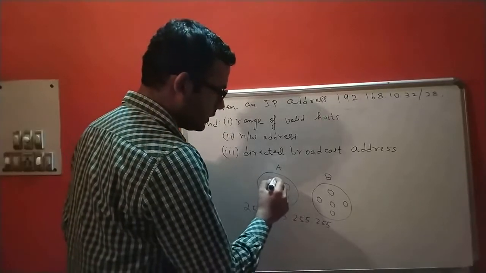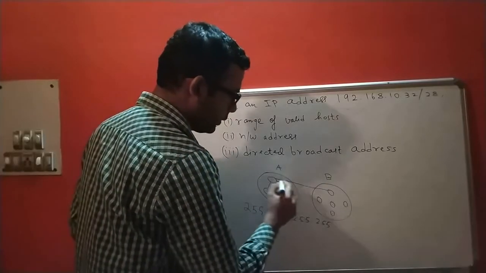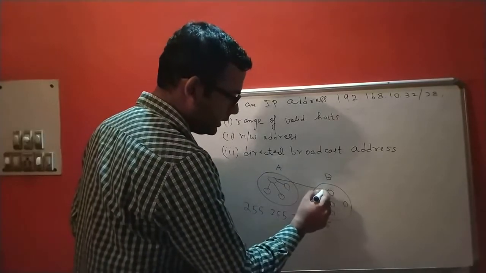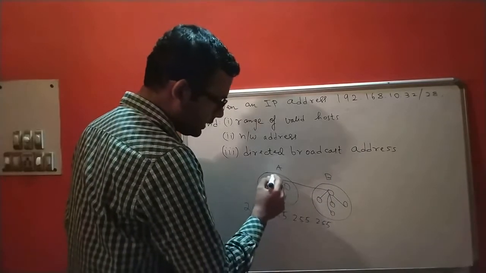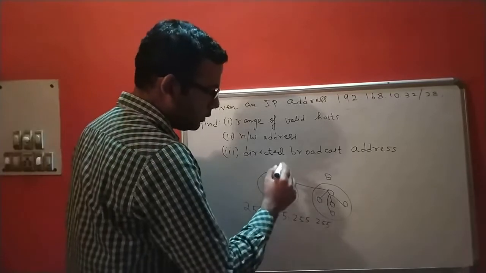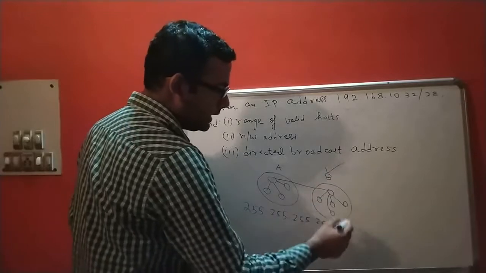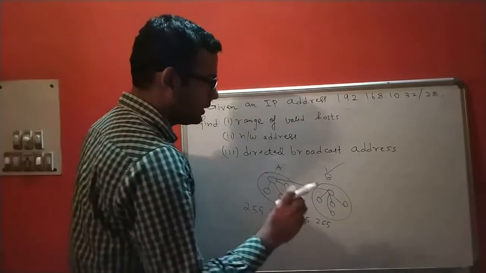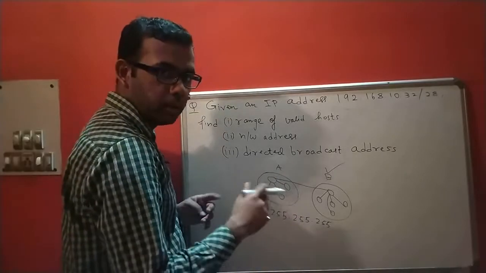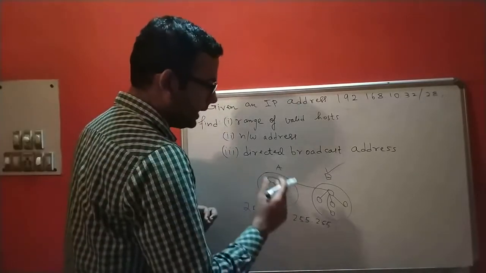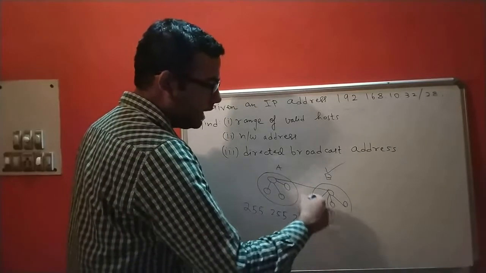And if this host wants to transmit a packet, the same packet, to all hosts present in a different network, that means it wants to transmit a packet to this, this, this, this, as well as this. So this host, which is present in network A, wants to transmit the same packet to all hosts present in another network B, then it will use a special address known as directed broadcast address in the destination address part of the packet that it is sending, and that will help it to forward the packet to all hosts present in another network.